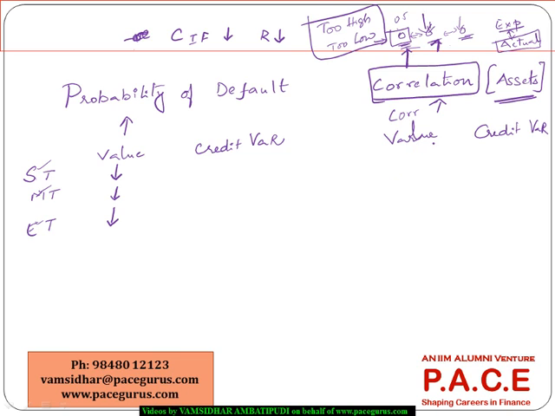So if the correlation is increasing, the value of the senior tranche is going to come down, whereas on the other side, the value of the equity tranche is going to go up. Why?